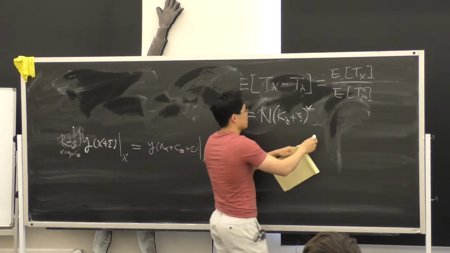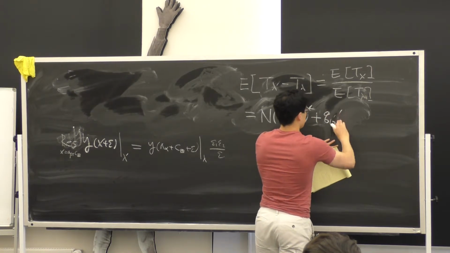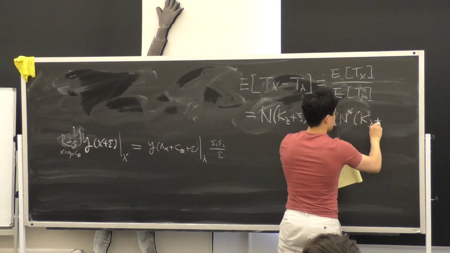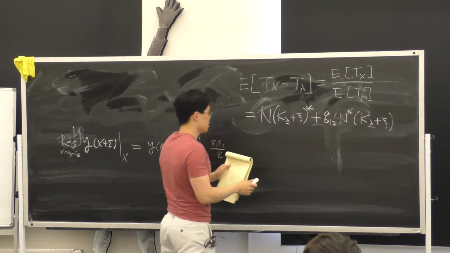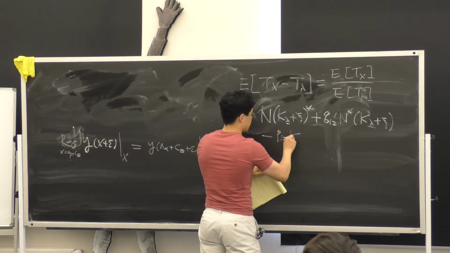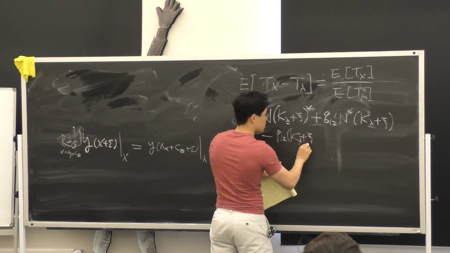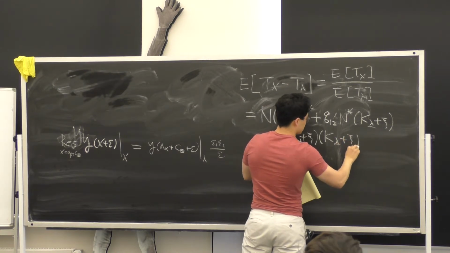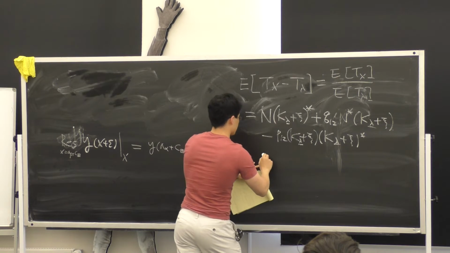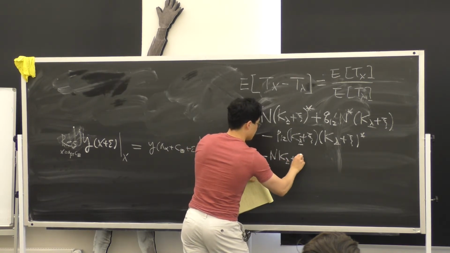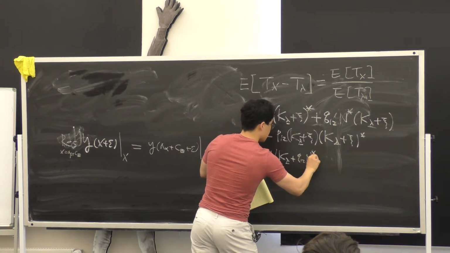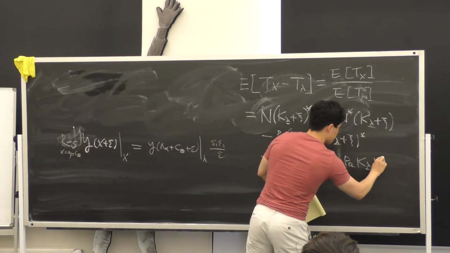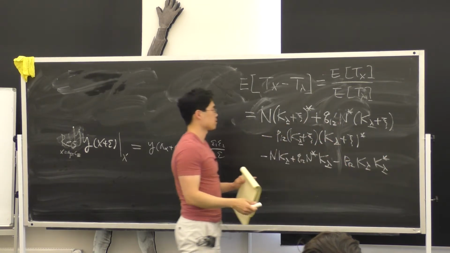So this is K lambda prime plus Q 1, 2, and star K lambda plus C minus P 1, 2, K plus C K lambda C star. Then we have to subtract this. So there are some cancellations.